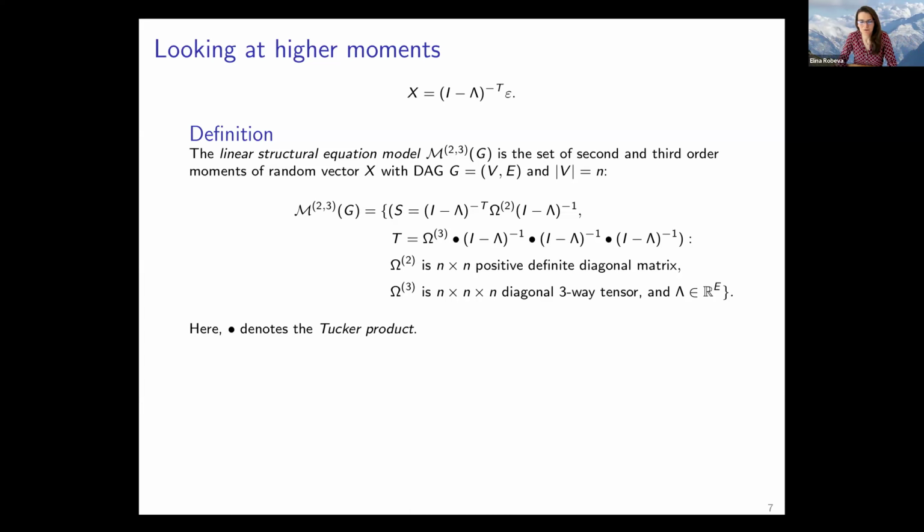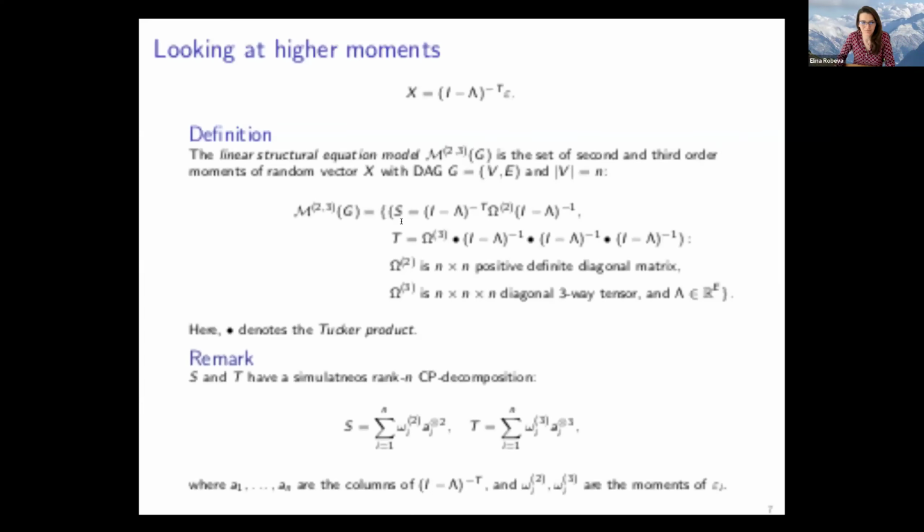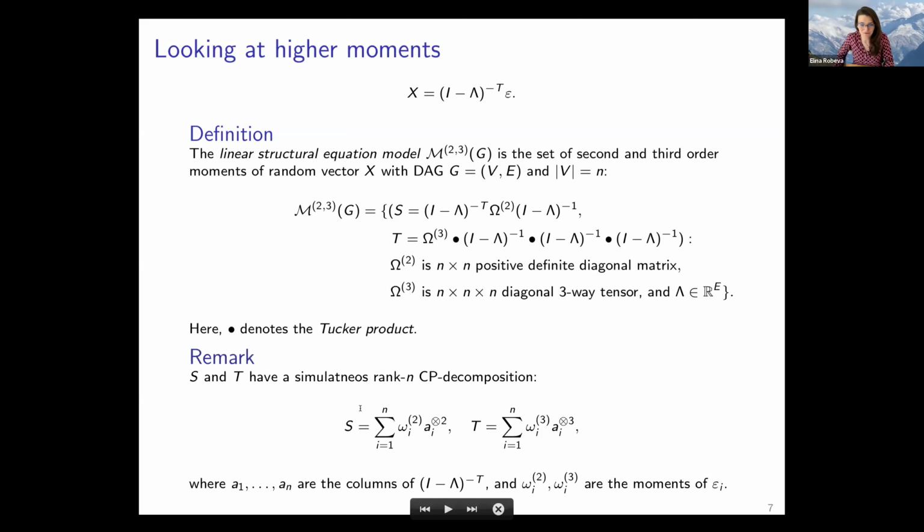So one thing for people who know about tensor decomposition, and if not, then please ignore this, it's not supposed to confuse you. S and T have a simultaneous rank and CP decomposition. So S can be written like this. Here omega I2 is the diagonal entries of this matrix omega-2, and AI tensor power 2 are the columns of this matrix I minus lambda inverse.